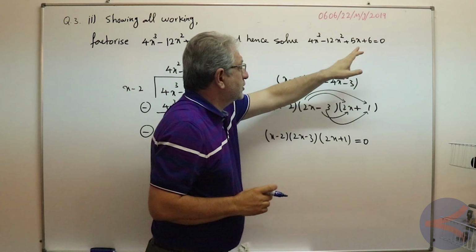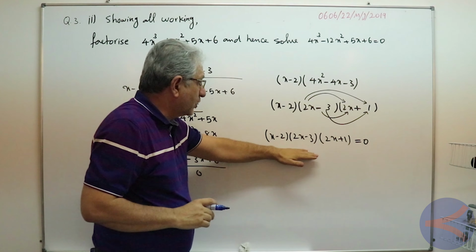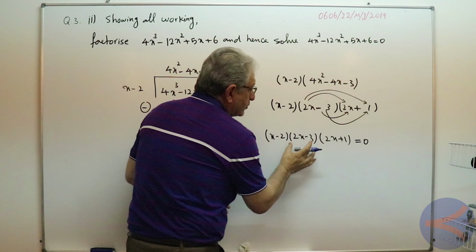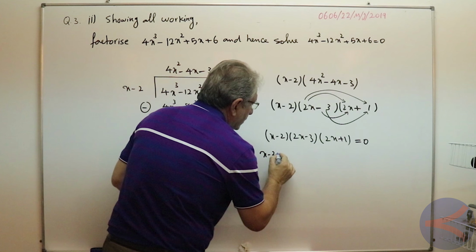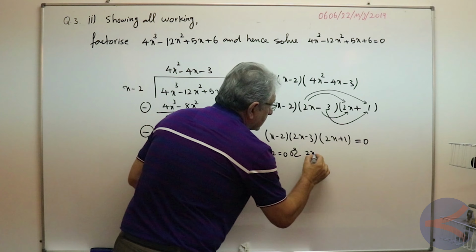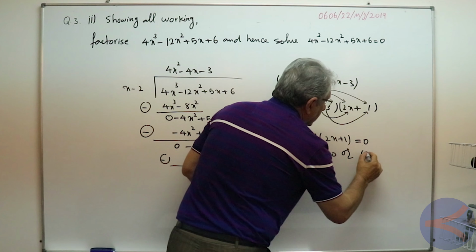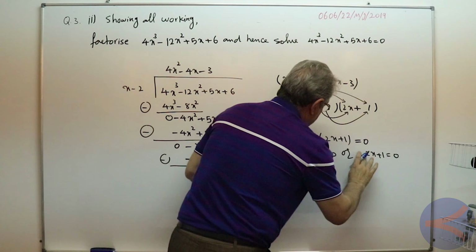Now we want to solve this equation. Solving this equation is equivalent to solving this equation. It's very simple to solve because either this is equal to 0, or this is equal to 0, or this one is equal to 0. So x minus 2 equal to 0, or 2x minus 3 equal to 0, or 2x plus 1 equal to 0.